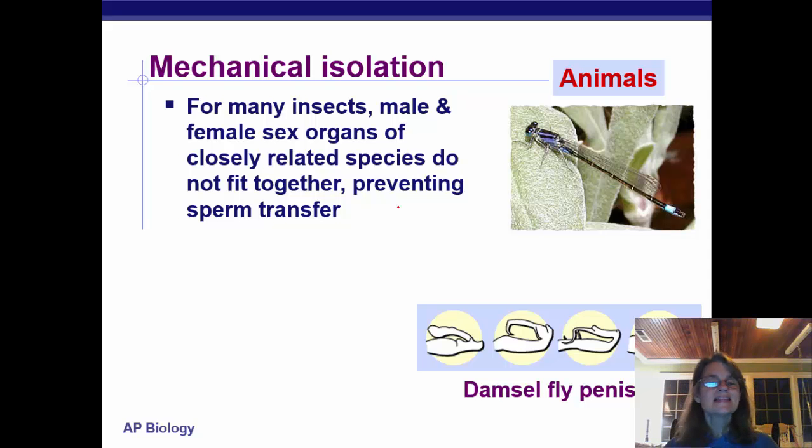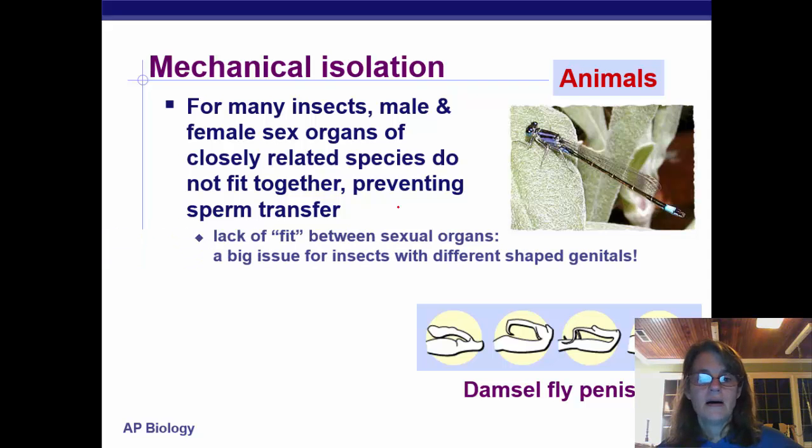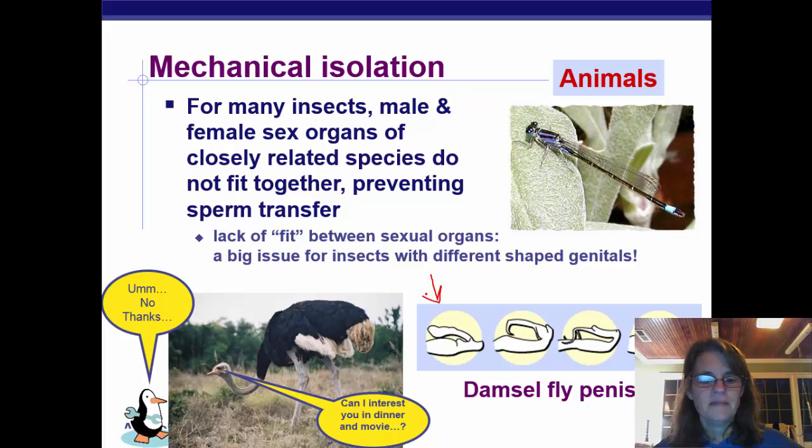For many insects, the male and female sex organs of even really closely related species just do not fit together, and so sperm transfer is completely denied. You can see the picture of damselfly reproductive parts here, and if the female doesn't match, they're not going to be able to interact with each other, okay?